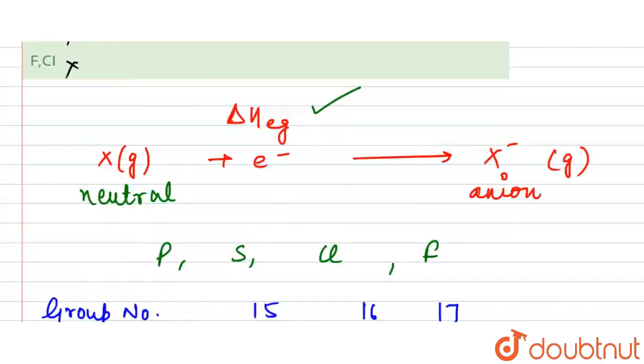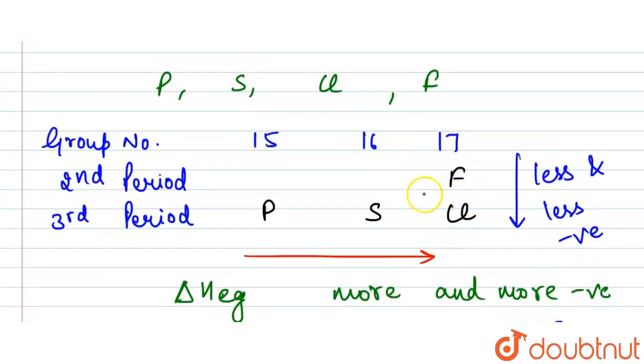Now we want to know why chlorine has the most negative electron gain enthalpy.